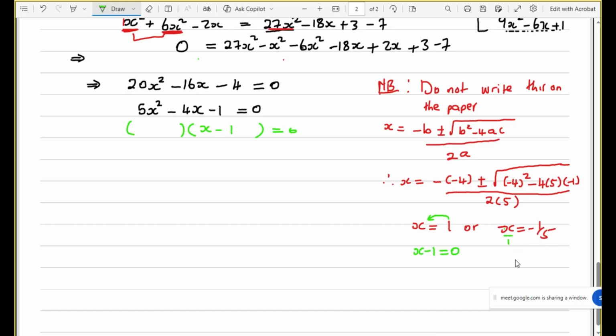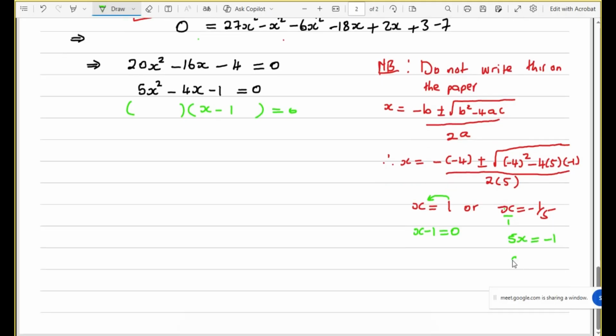So I cross multiply, I'll have 5x equals minus 1. Then I need to bring the minus 1 to the other side to be positive. This is 0. So this tells me that this side, I'll have the 5x plus 1. So if I solve for x, x will be minus 1 over 5, or x will be 1.